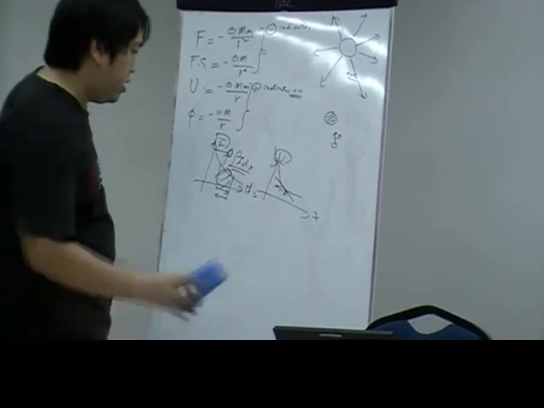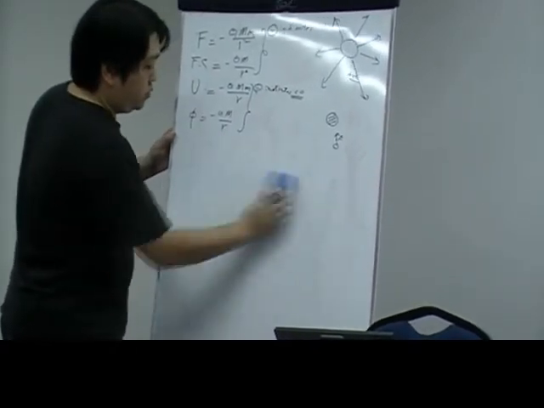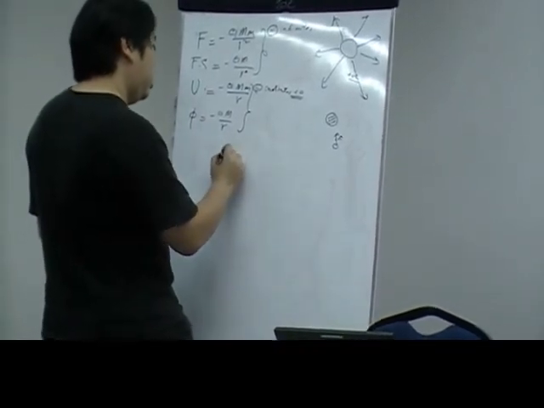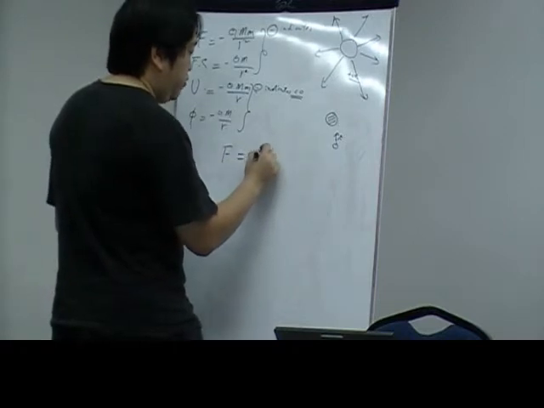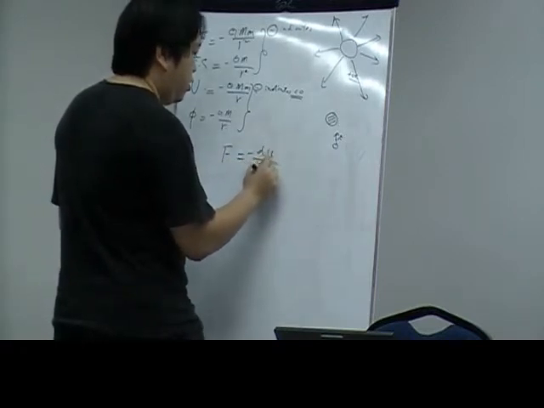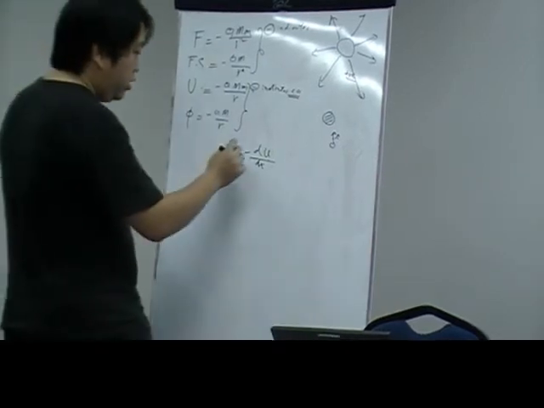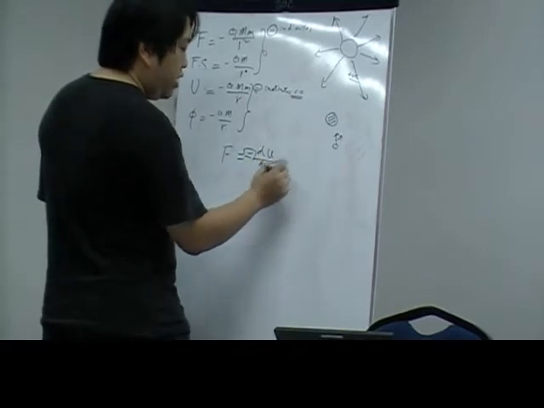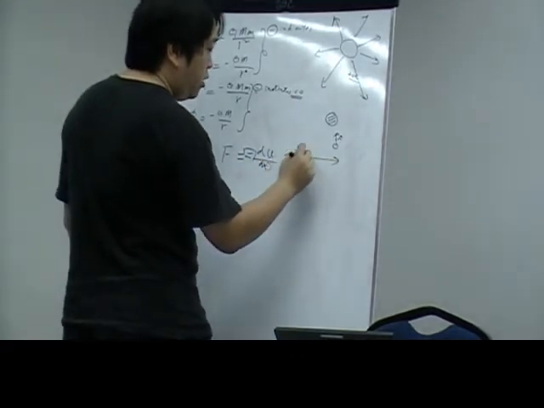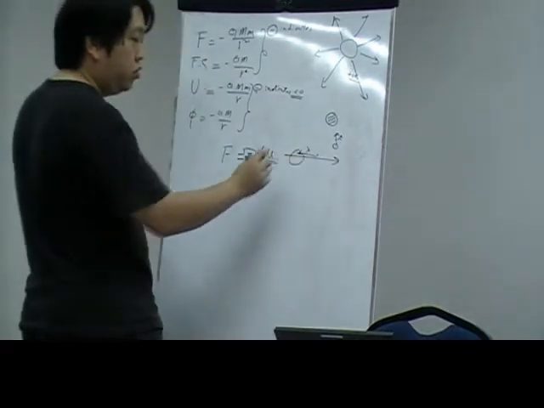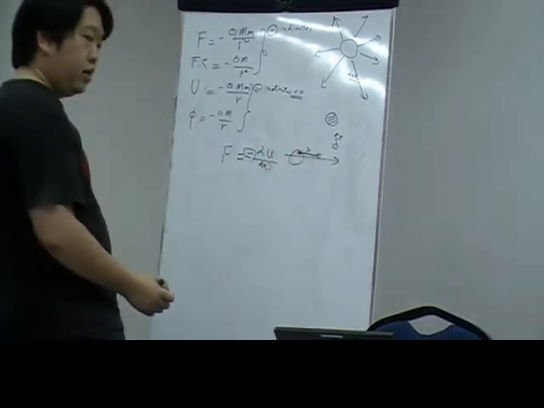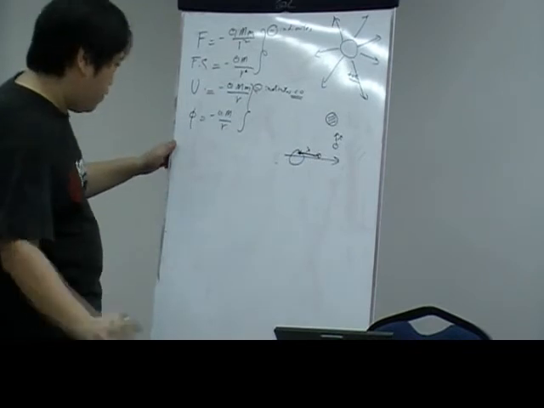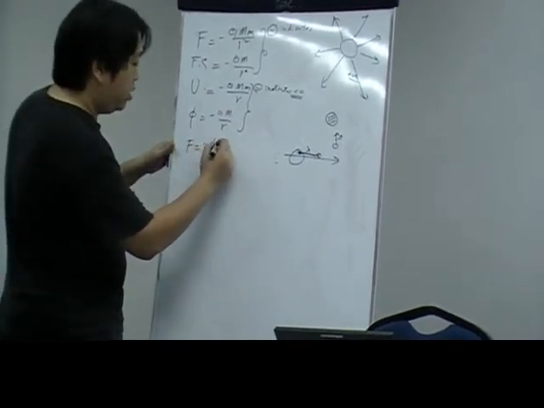The force is the negative of the differentiation of energy with respect to distance, and the negative sign tells you the direction. Positive x is defined as going outward from the object. So this is x, from the object to this point. So force equals minus dU/dx.